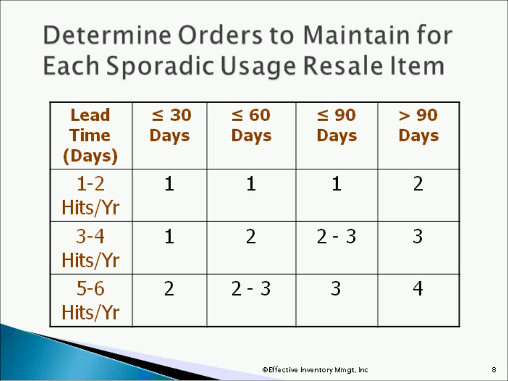Now, once we know how many we normally sell, then we just need to decide how many of those normal sales quantities we are going to keep in inventory. Typically, we'll say the longer the lead time for the item, the more normal use quantities I want to keep in stock.